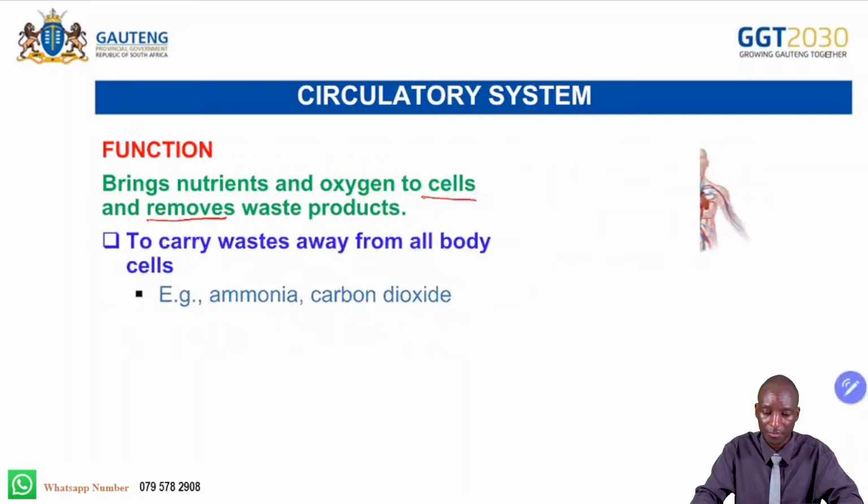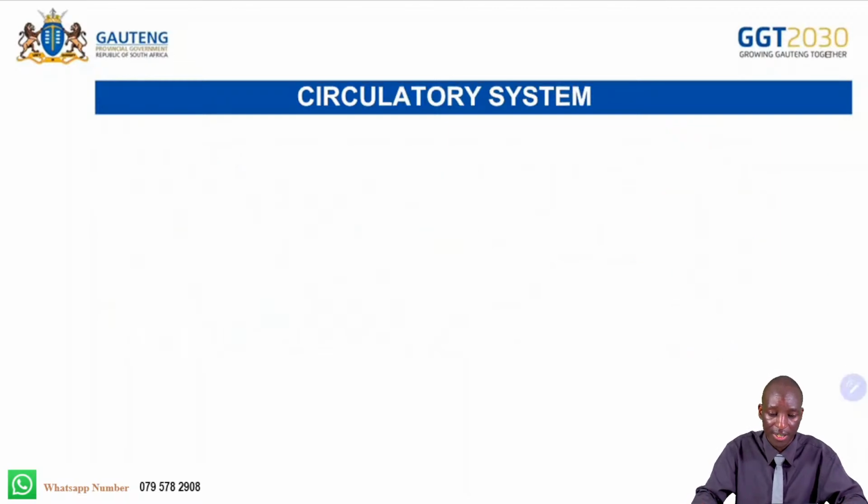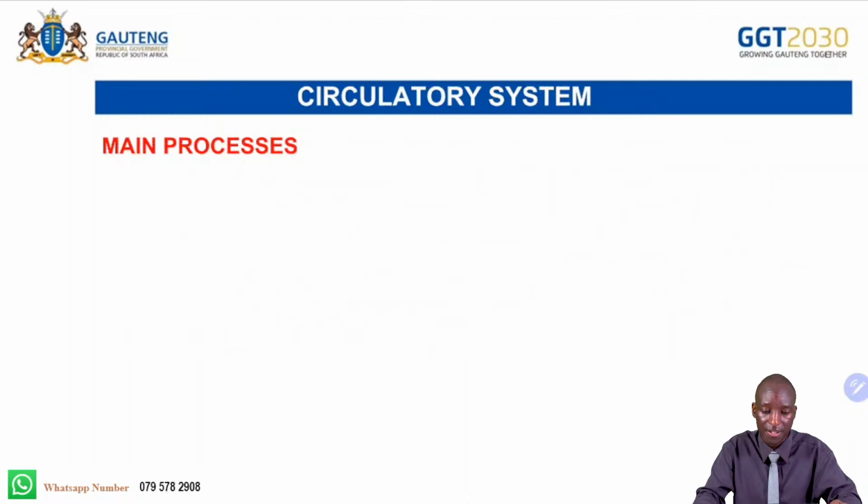There is the system in detail in the form of a diagram. This circulatory system has the blood vessels and the heart. We're going to be looking at each of these components one by one. That's the function. As we go into this system, look at its main processes.